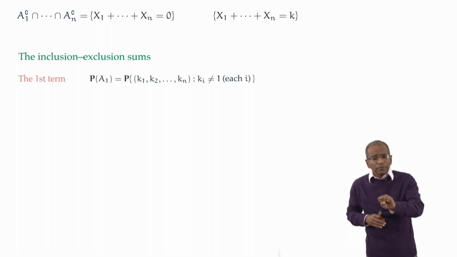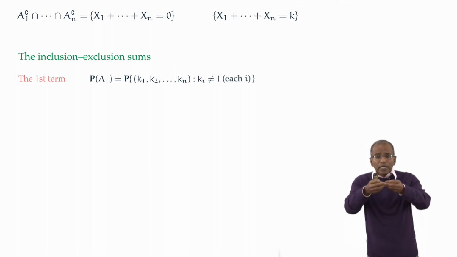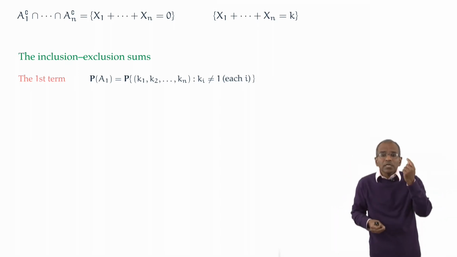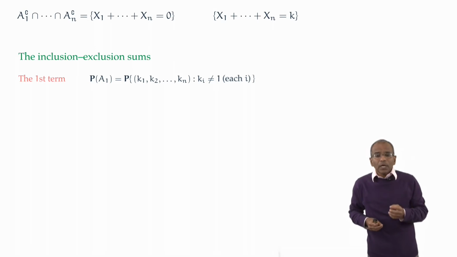Well, this is easy enough to figure out. This means that we're looking at t-tuples of purchases where none of the elements in the t-tuple is 1. The probability that a particular purchase lands the first element is 1 in n. The probability that a particular purchase does not land the first coupon is 1 minus 1 in n, an elementary use of additivity.